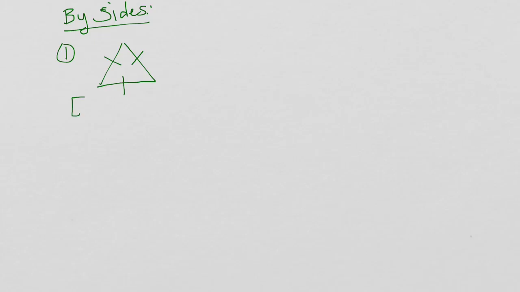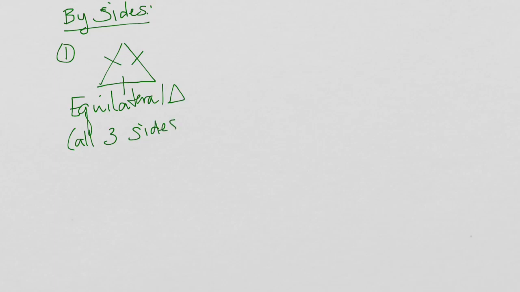This is called an equilateral triangle. An equilateral triangle has all three sides congruent. And congruent is the geometry term for equal measure. Okay? All three sides are congruent, or they have the same measure.